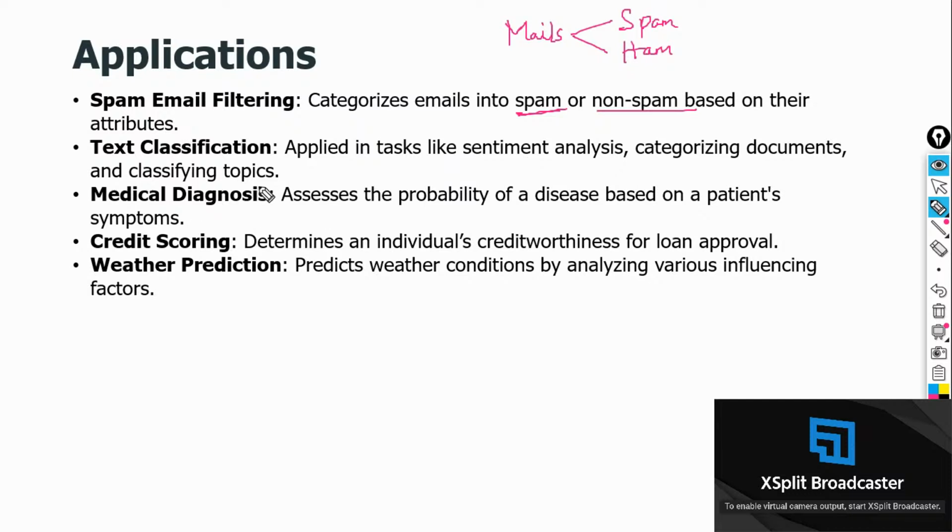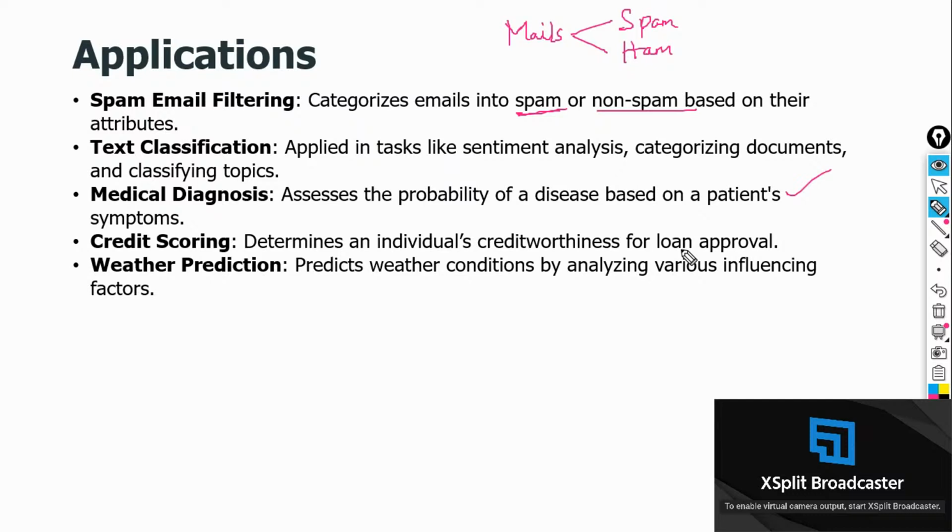Medical diagnosis: giving the probability of a disease being present in the patient's body or not. Based on the patient's symptoms, we get the data of the patient, so what is the probability that a disease has attacked that particular patient can be given using Naive Bayes.